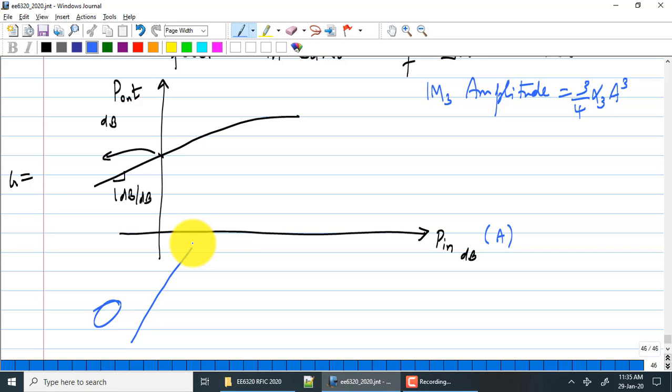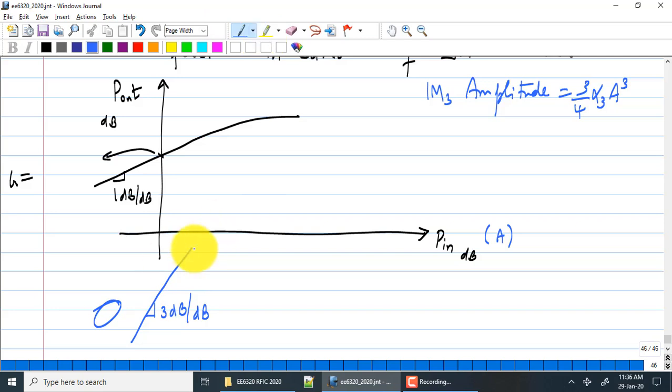So the slope of this will be 3 dB per dB. This will increase much faster than the fundamental, because one is increasing as A, the other is increasing as A cubed. Number one. Number two, of course I know at very high powers this will also compress.